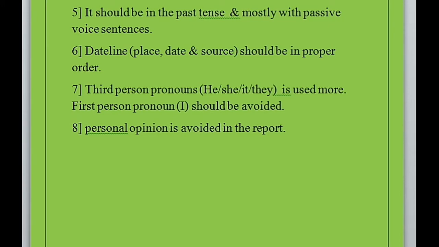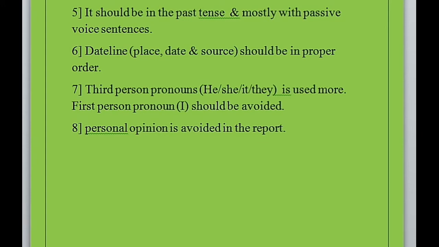But the date on which you are writing the report should be in the starting date line part. After that, the source of the news. If it is a general report, you write student reporter. If it is a news report, you write staff reporter. And it should be in the proper order, as I already showed you in the layout.